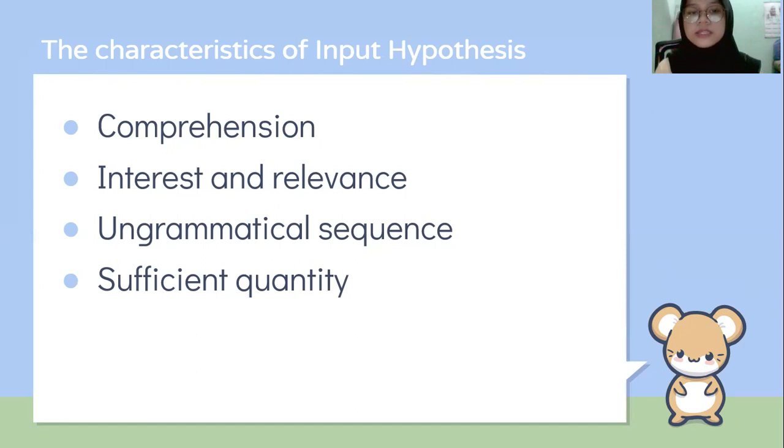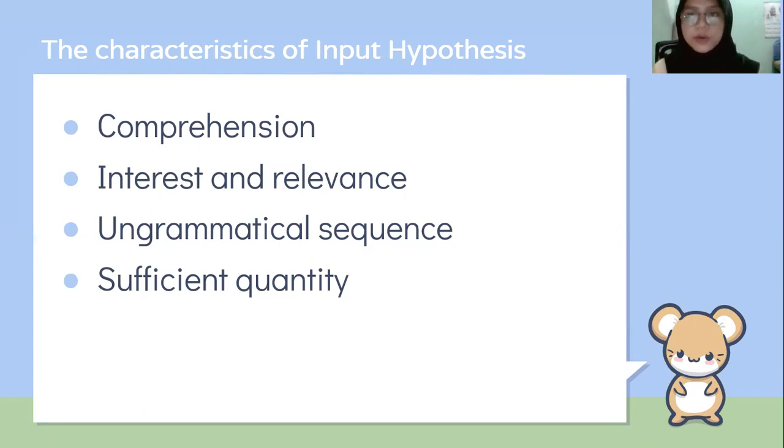It makes the lesson more beneficial, and it makes students learn more easily. Also, by having interesting material, students would be less bored, and students would also be less burned out in acquiring the language, because to be honest, acquiring a language is hard.